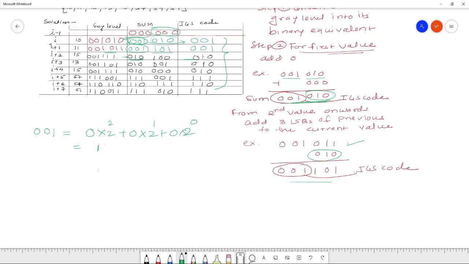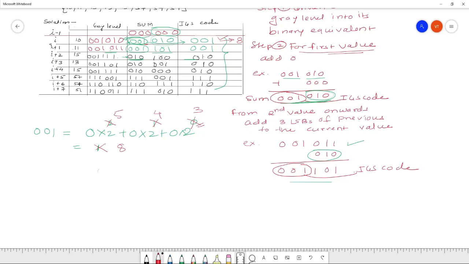But here we can't do that. Why? Because this 001 is coming from the MSBs, not the LSBs. So the weightage will not start from 0 here. It will start from 3, 4 and 5. So this won't be 1, this will be 8. Understood? So the decimal equivalent for 001 is not 1, but it is 8.